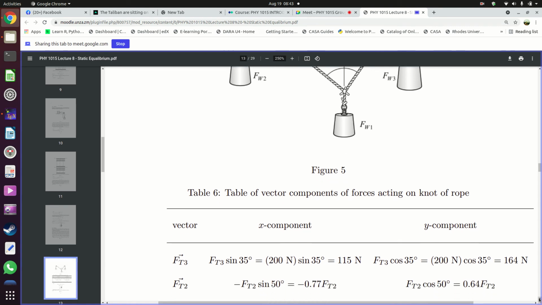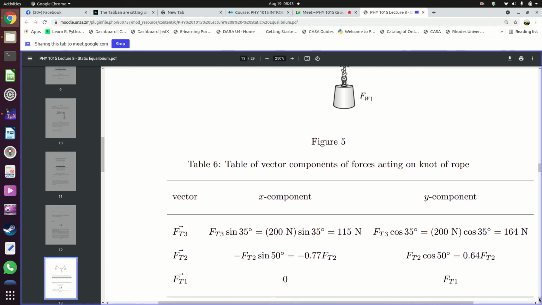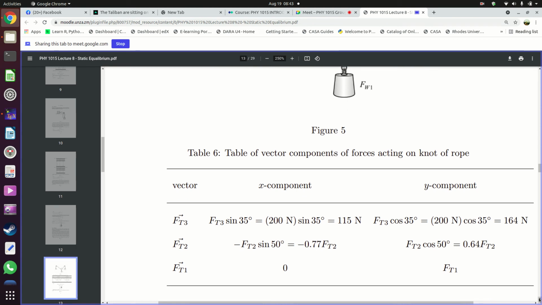Okay. So, to make things easier again, as you can see, it will be necessary to make a correction. So we are going to say the following. For Ft3, which is the tension in the third rope, you're going to have Ft3 cos, not sine, Ft3 cos 65 degrees, which is the same as Ft3 sine 35 degrees, basically.